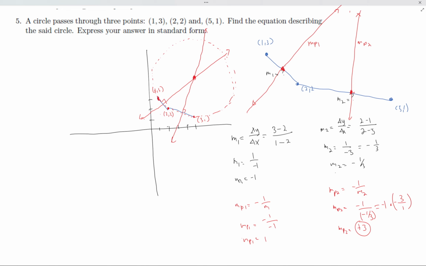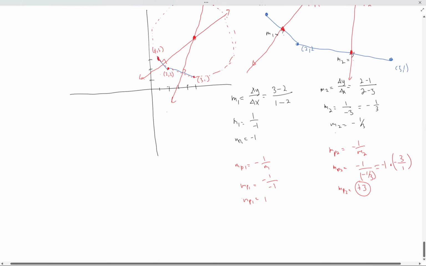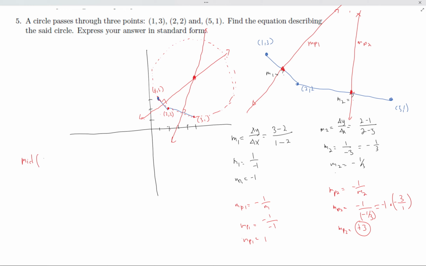So the midpoints of these line segments are where we are sure our perpendicular bisectors would pass through. For example, for segment 1, the midpoint is just the average. Our midpoints are just averages of the coordinates of two points.